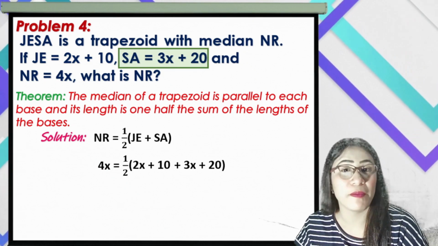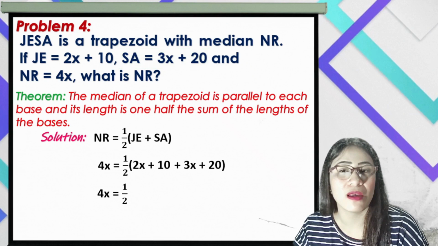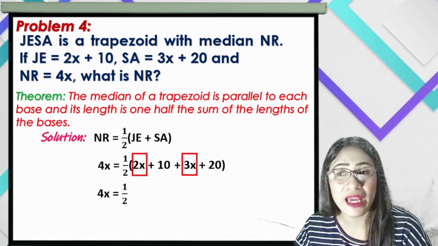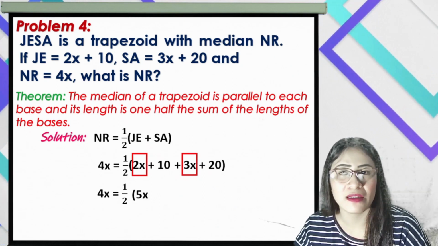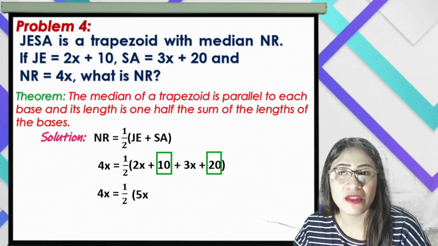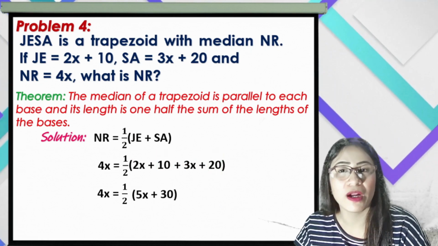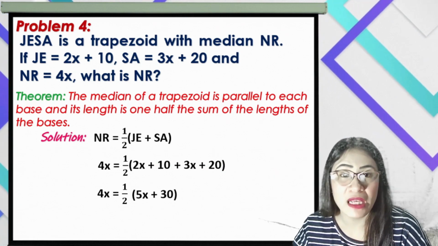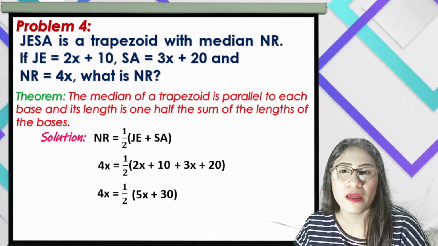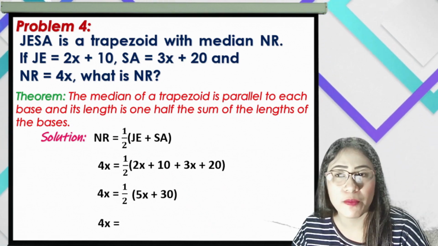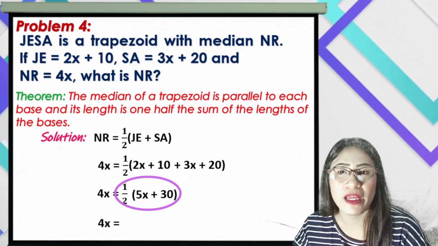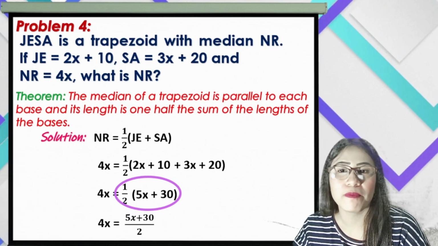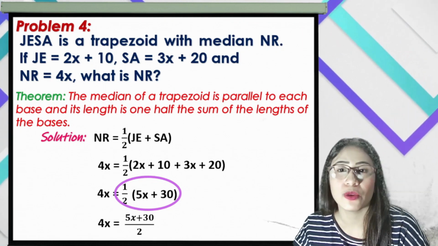Then simplify: 4x is equal to 1/2, and 2x plus 3x is 5x, and 10 plus 20 is 30. So we have 4x is equal to 1/2 times 5x plus 30. Simplify further: copy 4x, and multiply 1/2 times 5x plus 30, so we have 5x plus 30 all over 2.